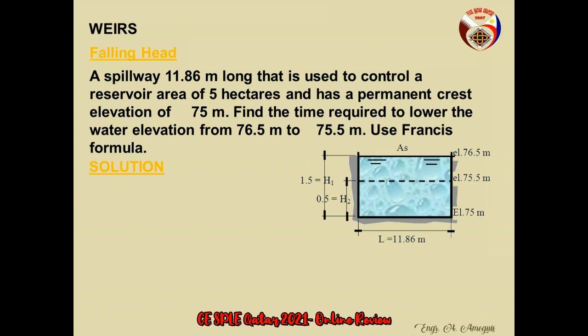Now, there is actually no formula except the Francis formula. But for a formula to solve the time, we have none. It's really integration. Sir, can't we use the formula T equals volume divided by Q?